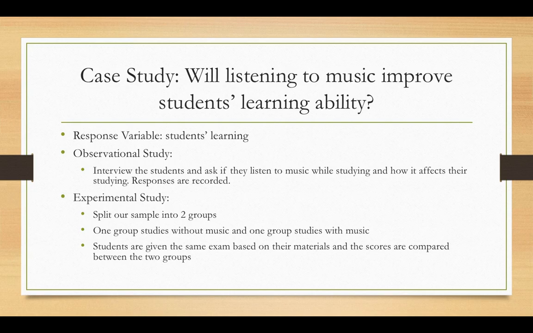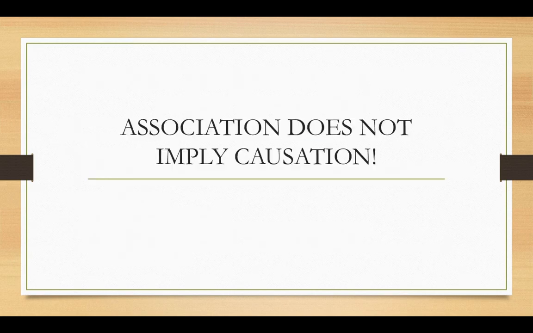The problem with experiments is they are expensive and they are time consuming. Observational studies are much easier, but they don't always give us results that are necessarily as impactful. Right here, association does not imply causation.